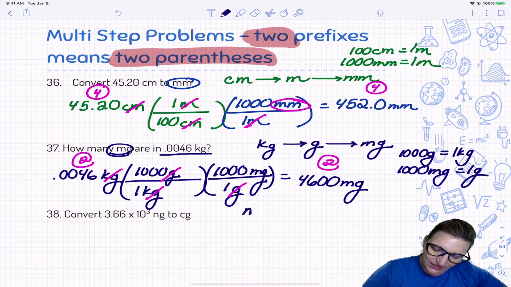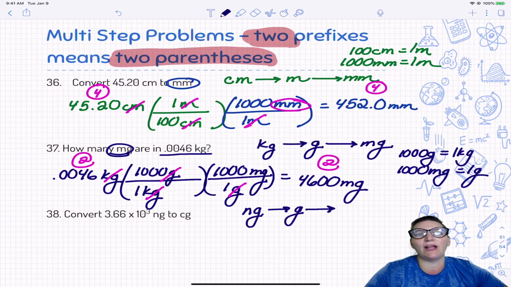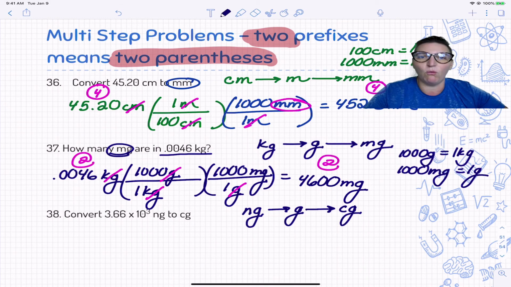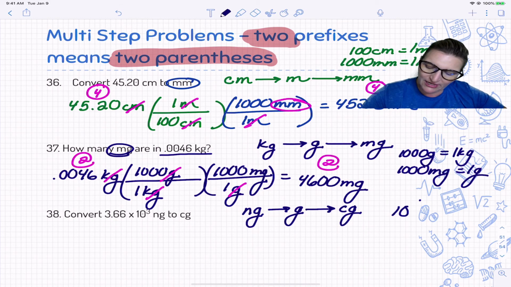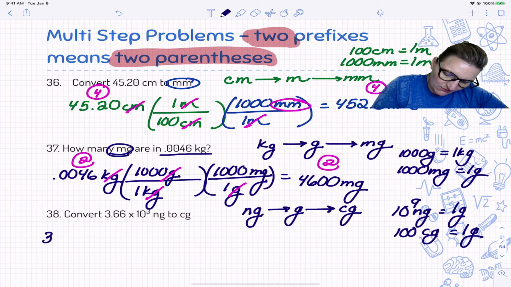So I'm going to take nanograms and convert it to grams. I always go to the base unit in the first parenthesis, and in the second parenthesis I go from the base unit to the desired unit. What are the conversion factors? 10 to the 9 nanograms equals 1 gram, and 100 centigrams equals 1 gram. 3.66 times 10 to the positive 3 nanograms.